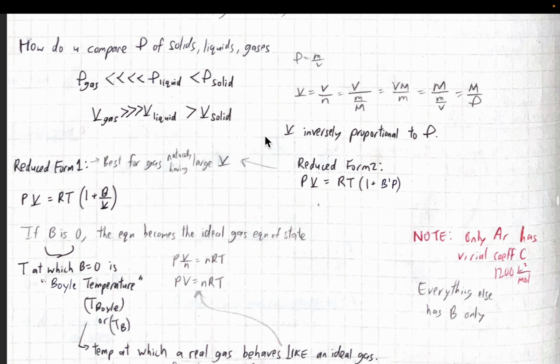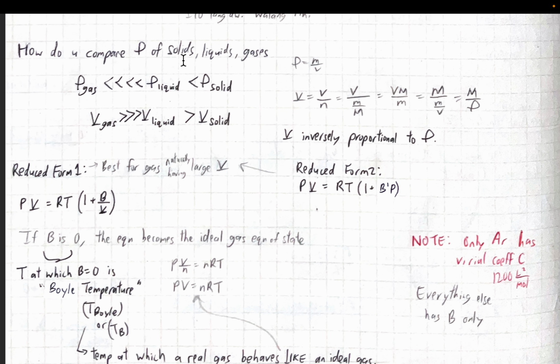So, how do you compare the density of solids, liquids, gases? Regarding density, the density of the gas is the smallest value out of all classical states. Consequently, the molar volume of the gas is significantly the biggest compared to the other classical states.